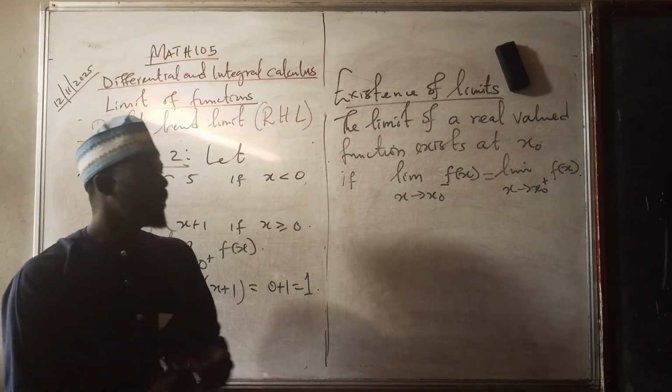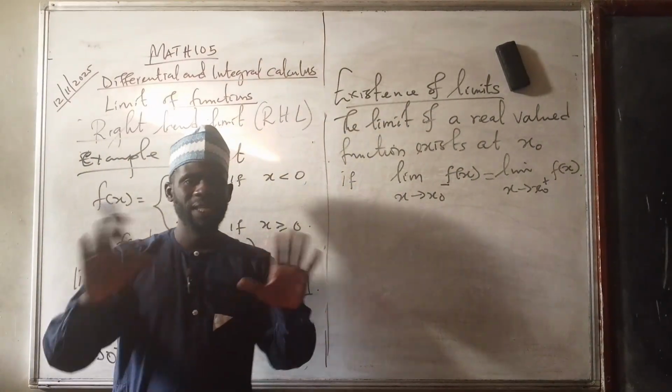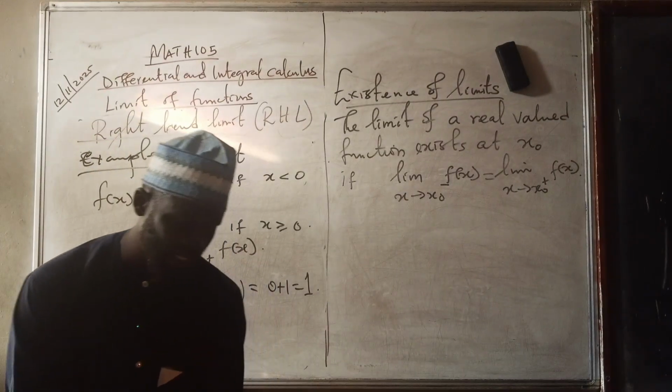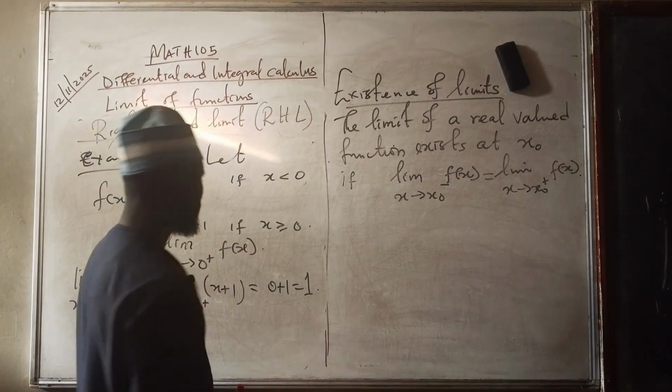So if the two limits are equal, then we say that the limit exists. Otherwise, the limit does not exist.